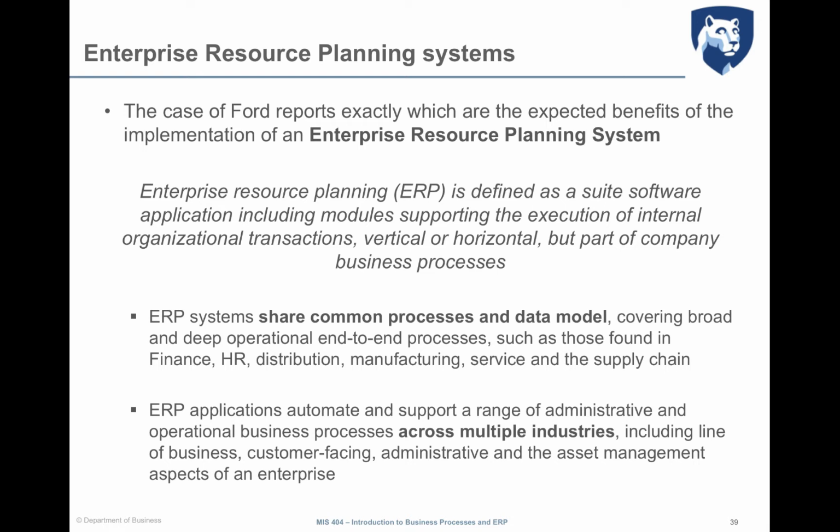We can in particular say that ERP systems share common processes and data model, and cover all the operational and transactional end-to-end processes like finance, HR, production, distribution, sales, order fulfillment, and so on. And more, ERP applications are able to automate and support this type of processes using a multiple industries approach. So they are flexible and they can be adapted to different industries' peculiarities.